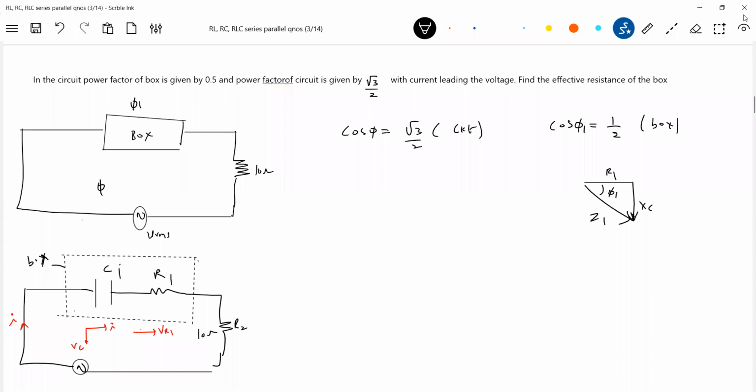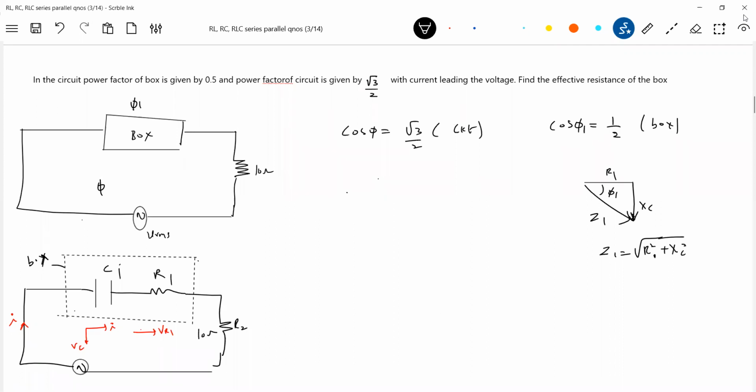From the impedance triangle, first thing, cos phi 1 is R1 by Z1, I can write it. Then what is Z1? Z1 should be equal to root of R1 square plus XC square.